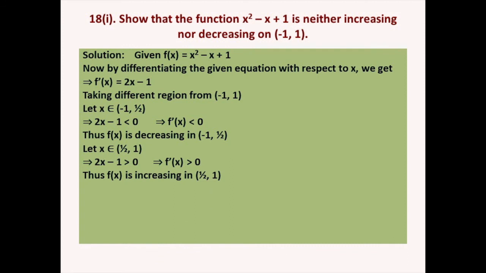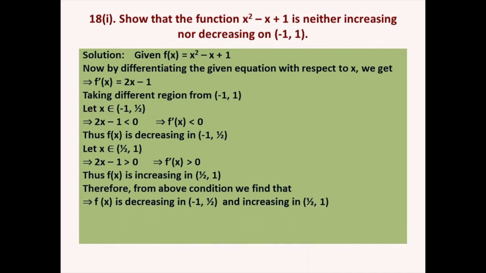So therefore f(x) is increasing in the interval this time now half to 1. Now from the above two conditions, I have observed again that in the first part it was decreasing and in the second part it was increasing. So therefore, it satisfies the condition that it is neither increasing nor decreasing in the interval from minus 1 to 1.